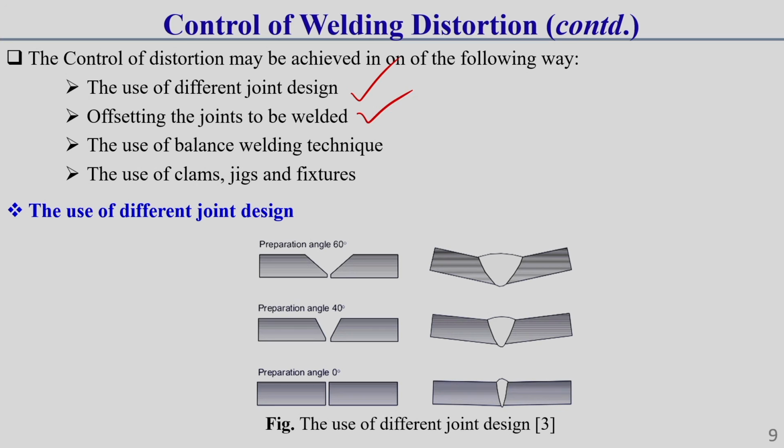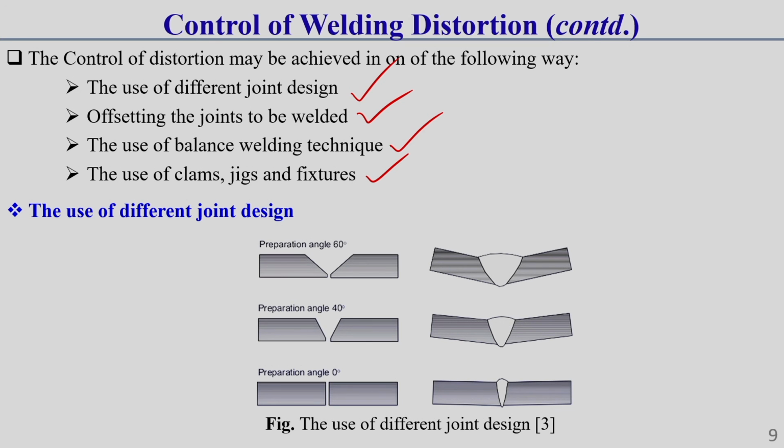Then offsetting the joint to be welded also has an effect on controlling the distortion; that also I will discuss in detail. The use of balanced welding techniques, which I have already mentioned in an earlier slide, but I will now discuss in detail in subsequent slides. The use of clamps, jigs and fixtures also has a significant effect on controlling distortion; that also I will show now.